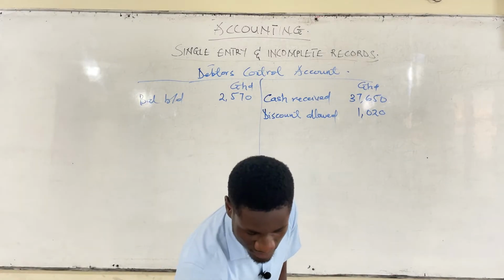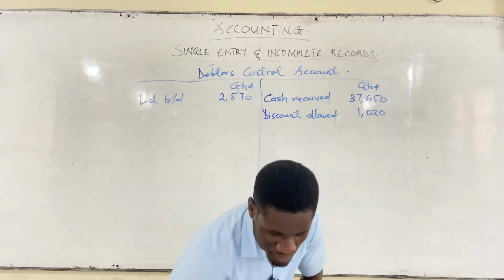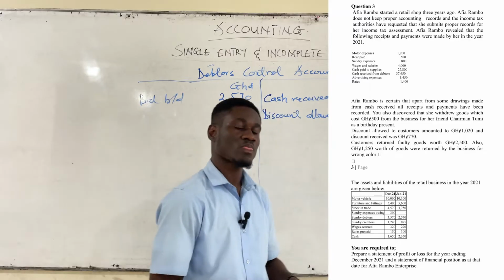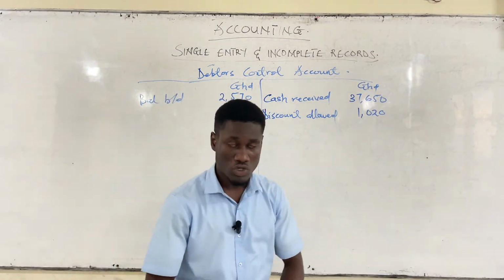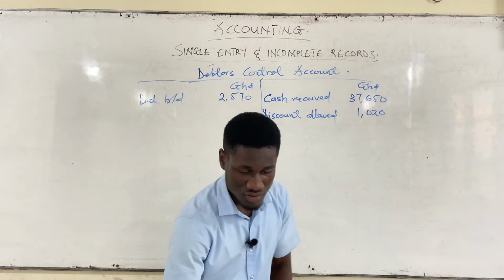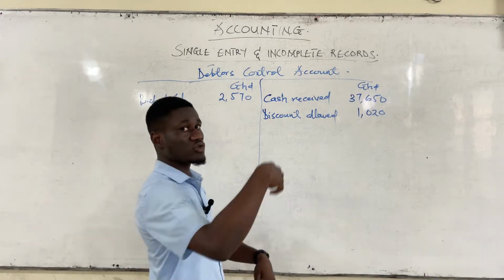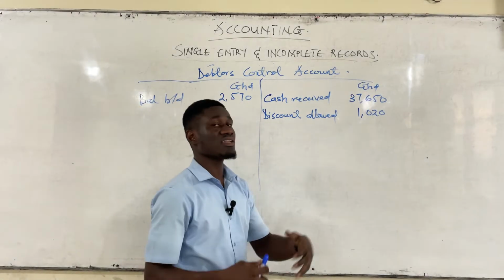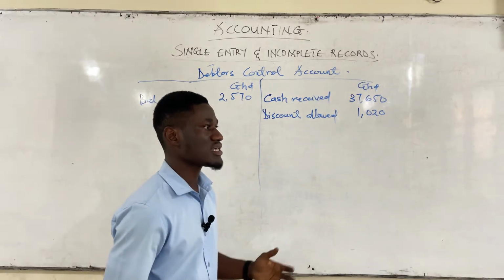Then we have sales returns. Customers returned goods worth 2,500. We are just looking for debtors items to record. So if we made sales to them, maybe a sale of 1,000 cedis, they are owing us 1,000 cedis.